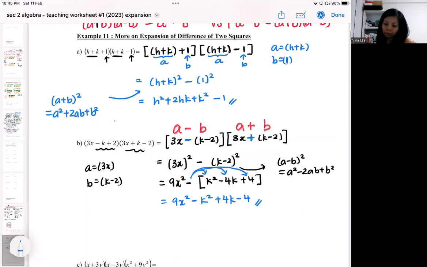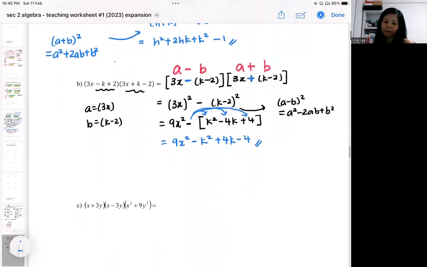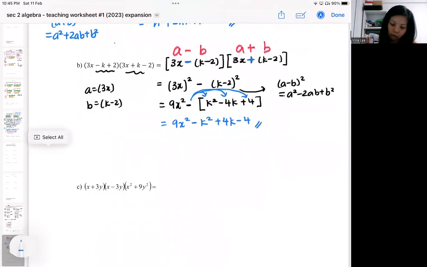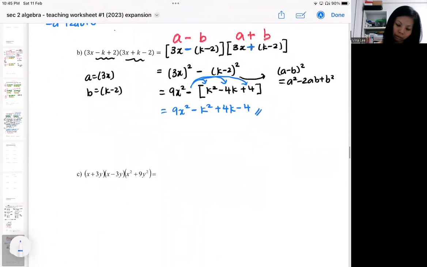Okay. Now, the next one, there are 3 brackets. So if you look carefully, out of the 3 brackets, the first 2 brackets match the formula.